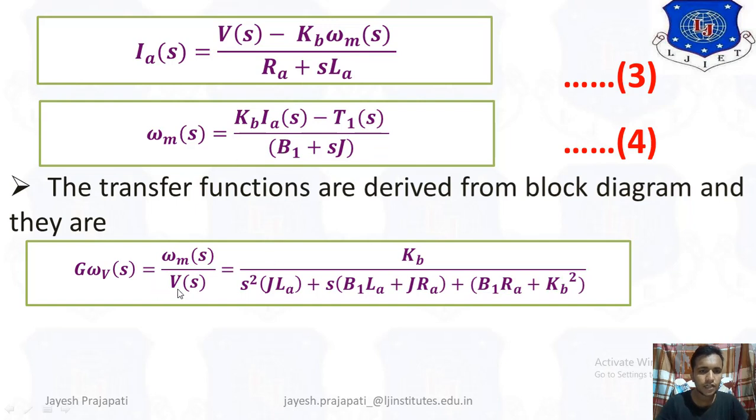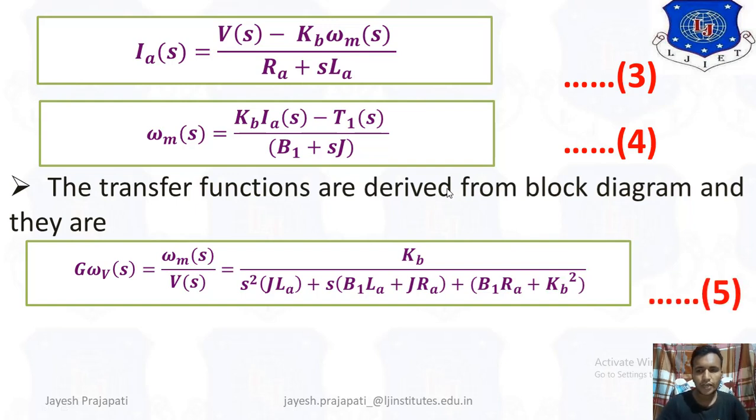We make V(s) the subject from equation number 3 and omega m(s) from equation number 4, and divide the whole equation with respect to V(s). So the equation becomes Kb divided by s square in bracket J La plus s B1 La plus J Ra plus B1 Ra plus Kb square. That is the transfer function derived from this block diagram.